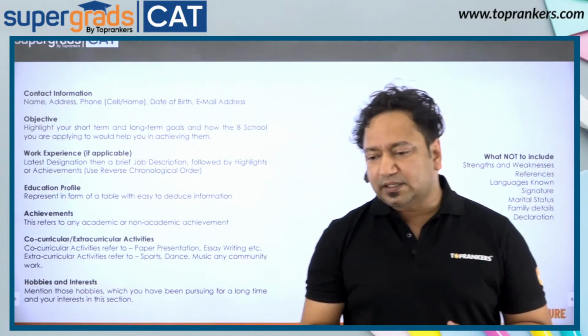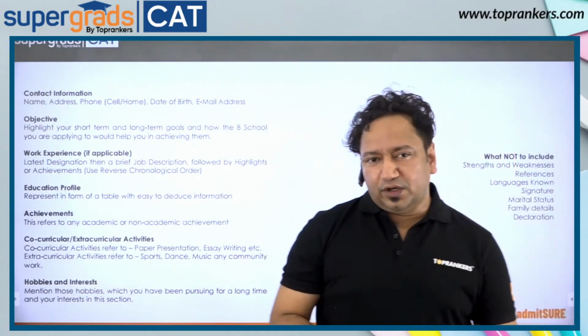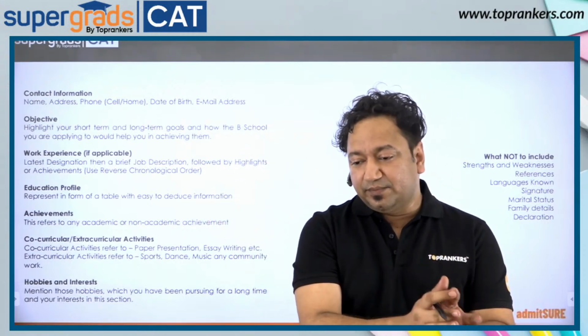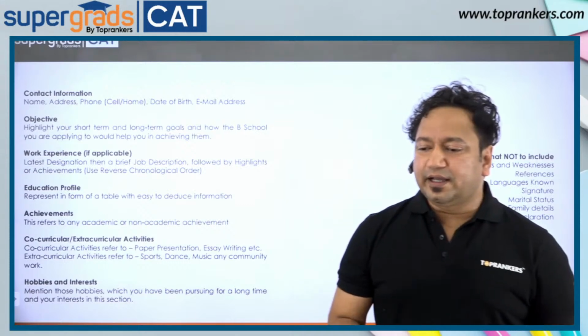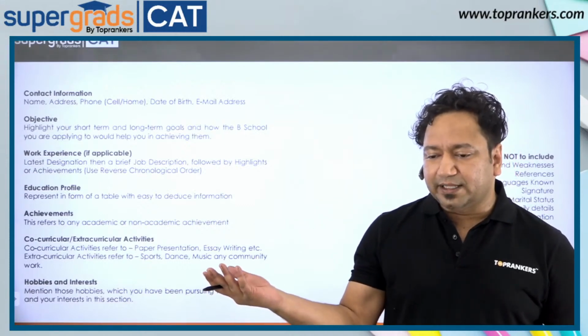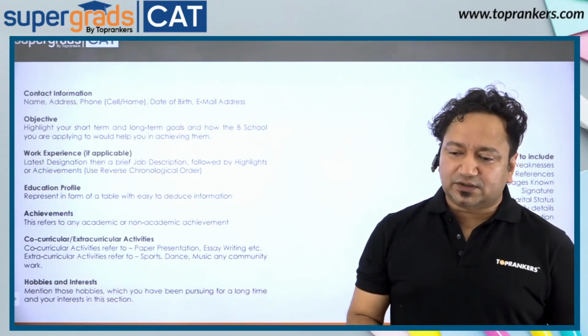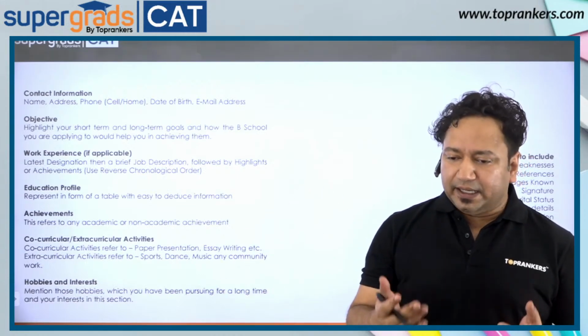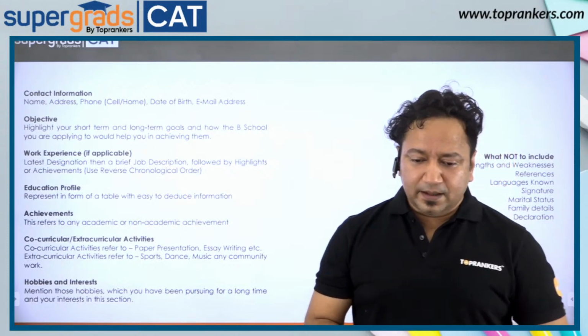Like, I want to join this college because the finance stream of it is the most respectable, and my goals are aligned to finance. So you can just write the objective based on the kind of B school or the program that you are interested in. I hope I'm clear about that.